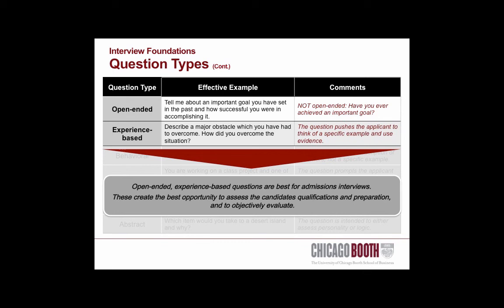It's the best opportunity for a candidate to present their prior qualifications, the preparation also that they've done for the interview, and in many ways, it's also a better way for you as the interviewer to be more objective in evaluating the candidate and being able to compare one candidate to another. So as you're considering the questions that you're going to ask, it's important to map them back to making sure that ideally they're open-ended or experience-based questions.